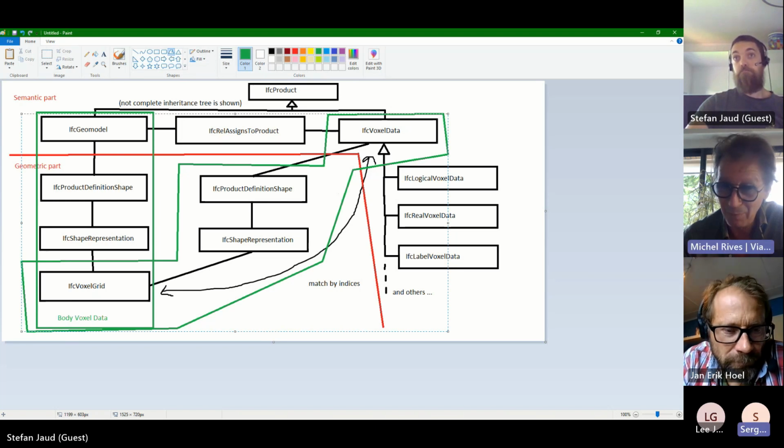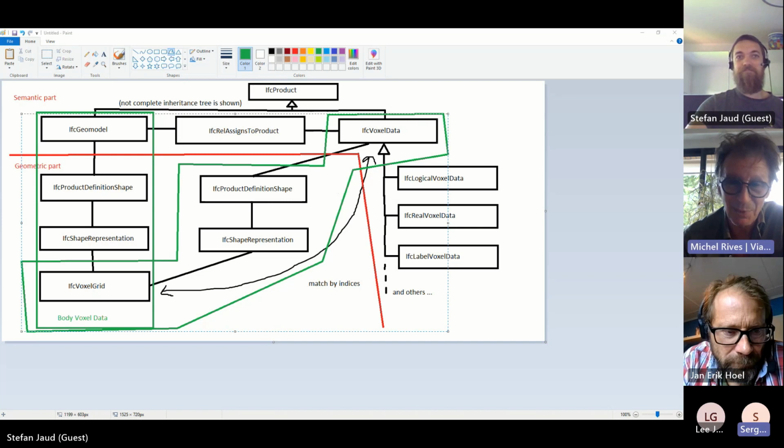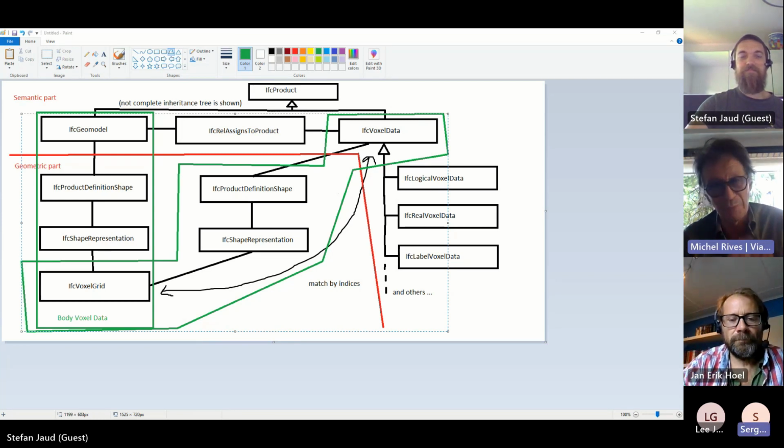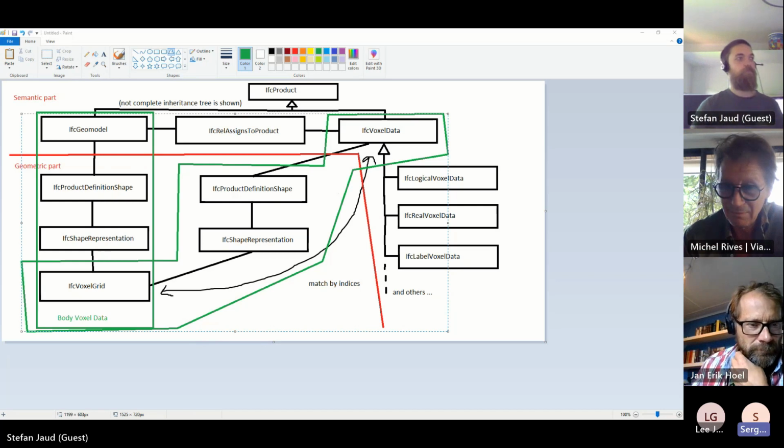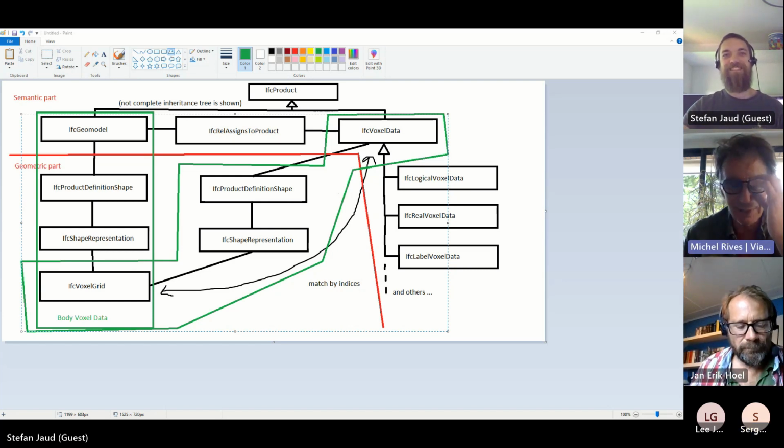That's rather simple. It is quite complicated, not to implement, but from its principle. So why don't we go ahead and just, I mean, the checker is our own stuff. We can do what we want.